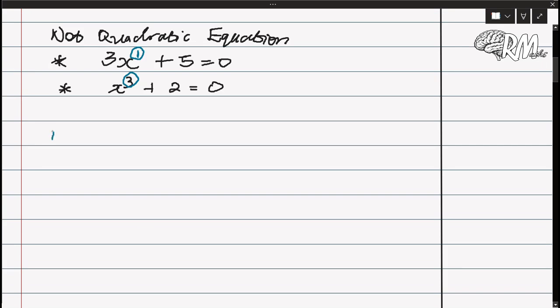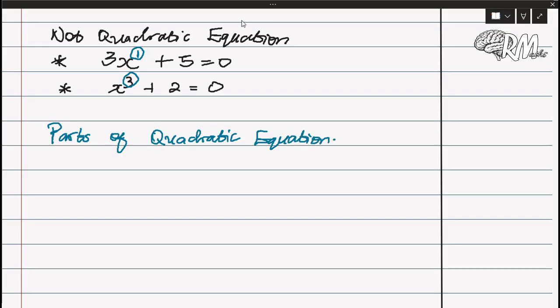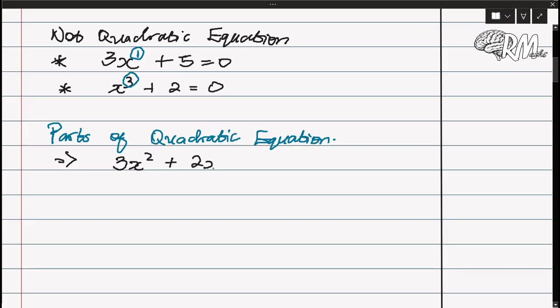Let's see some parts of quadratic equation. Now the parts of the quadratic equation just simply means that when we have the equation as 3x squared plus 2x plus 5 equals 0, now let's see the parts.